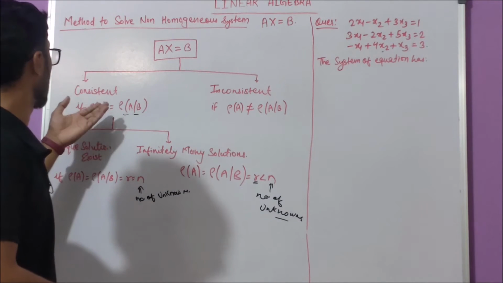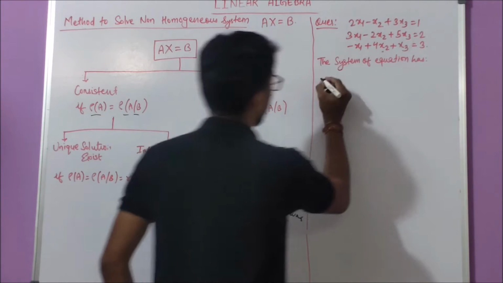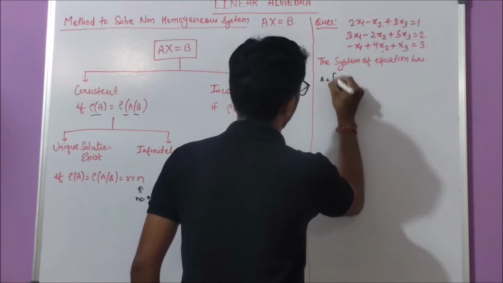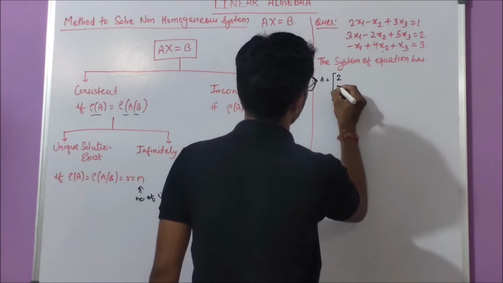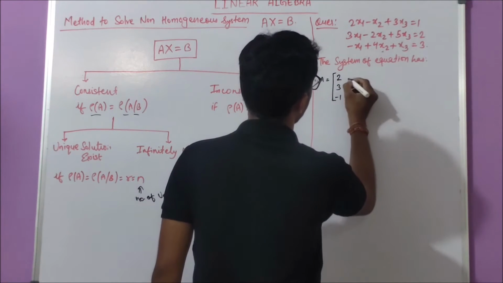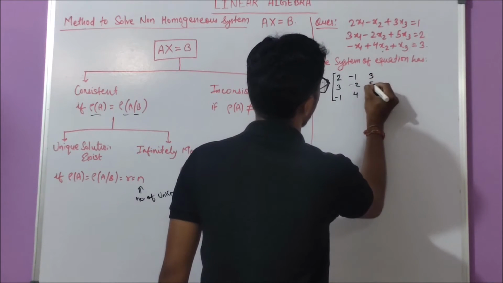First we have to find the matrix A and the augmented matrix. So matrix A is the coefficients of all the unknowns: 2, 3, minus 1, minus 1, minus 2, 4, 3, 5, 1.